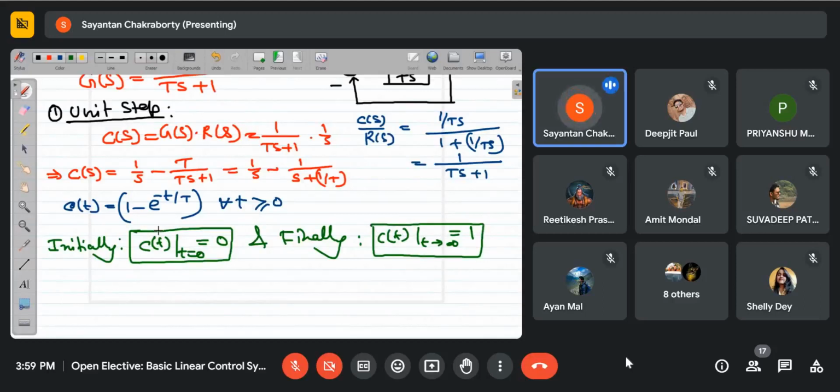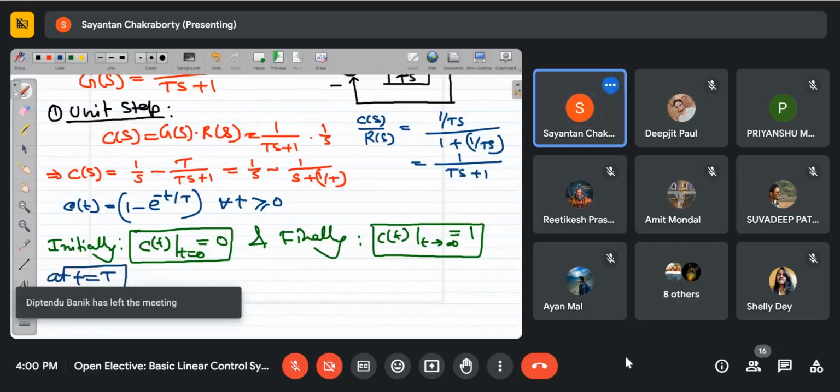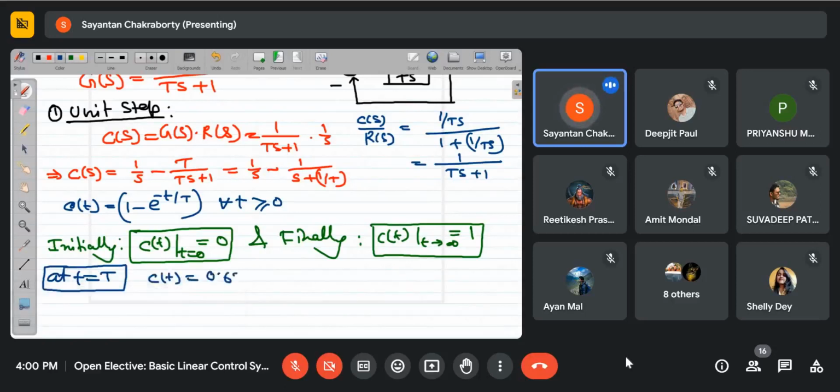Right. And the most interesting part is at t equal to capital T, what's the value of c(t)? It comes up to 0.632. That is, when the output reaches 63.2% of its steady state value, that is 1, that time is called the time constant.